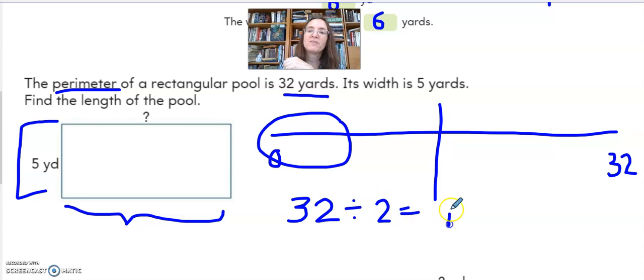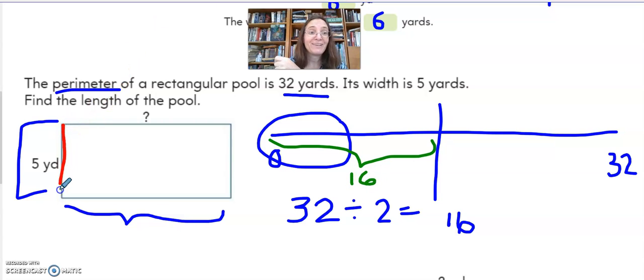So that means that it'll be 16 on one side and 16 on the other. So this is like saying, okay, I know that all of this is 16. But now what I also know is this right here is 5. So if I cut that 5 part off, whatever's left will be the length right here. So 16 minus 5 is 11.